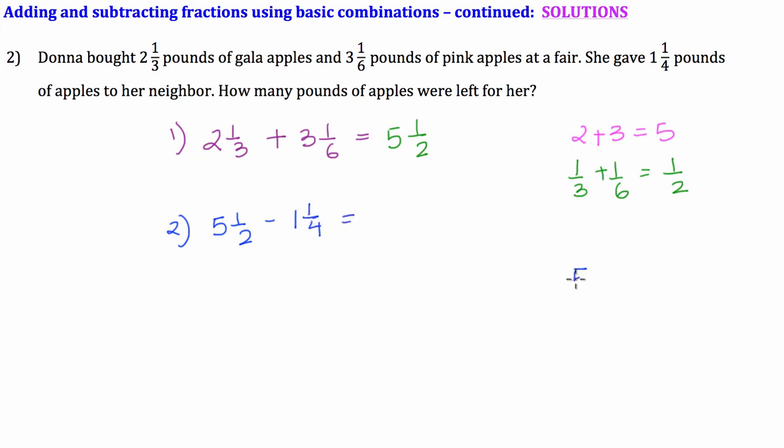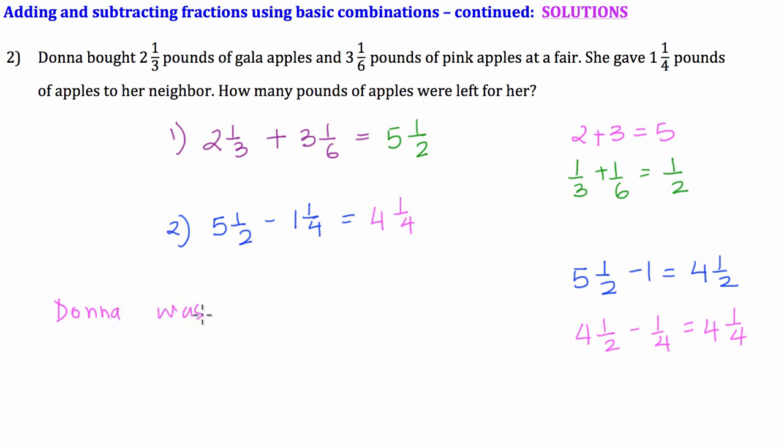Let's start with 5.5 minus 1 equals 4.5, and then 4.5 minus 1/4 equals 4 and 1/4. So she is left with 4 and 1/4 pounds of apples, and let's write that down. Donna was left with 4 and 1/4 pounds of apples.